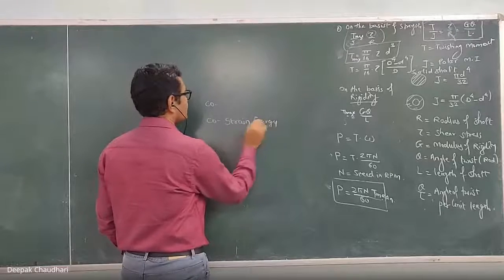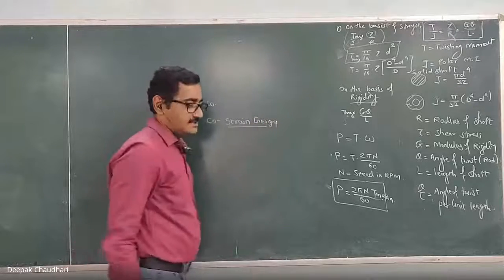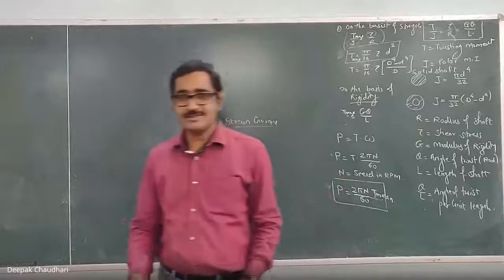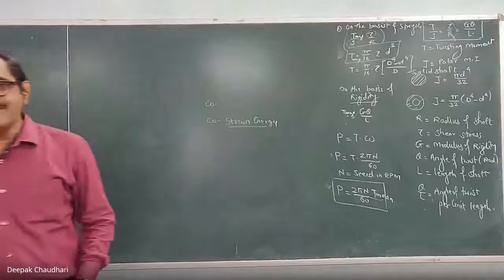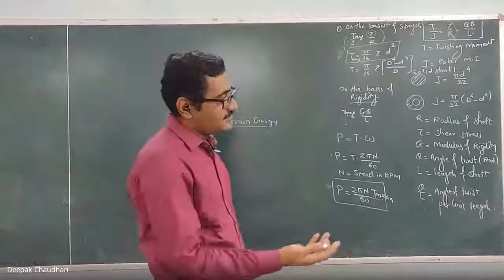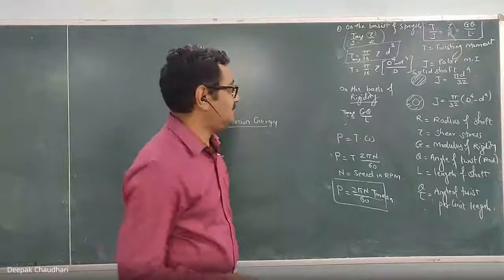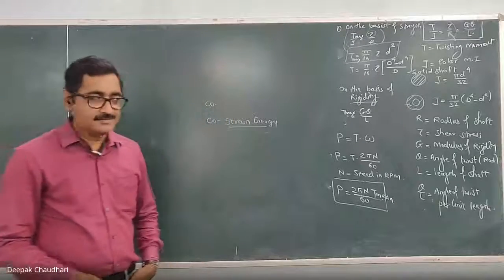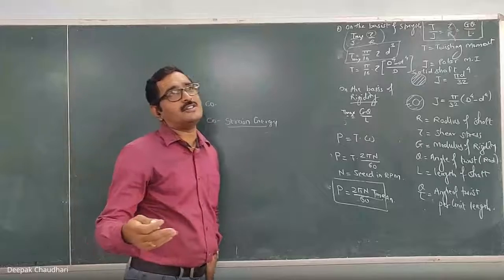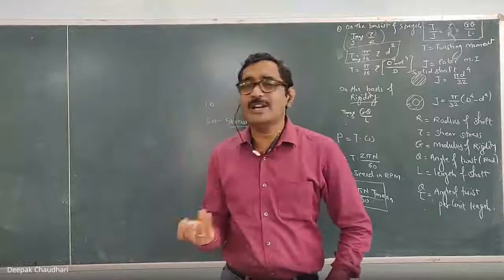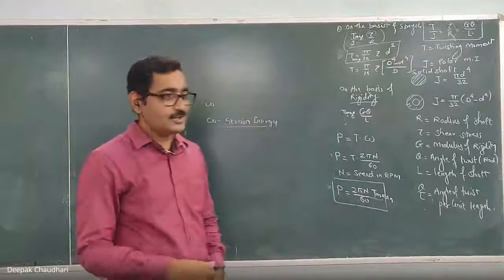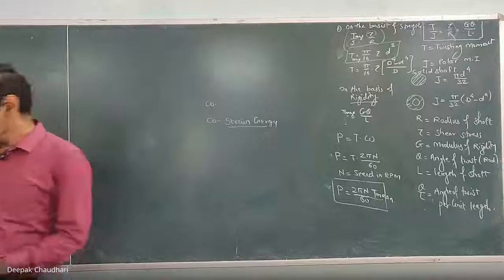In 2 or 3 lectures, we can finish this lesson. Strain energy is just similar to the torsion. For torsion also, this is the third lecture, so in strain energy also, we can finish in 3 lectures. It is a very small part. So tomorrow or day after tomorrow or Monday, Tuesday, we can finish. No worry about that.